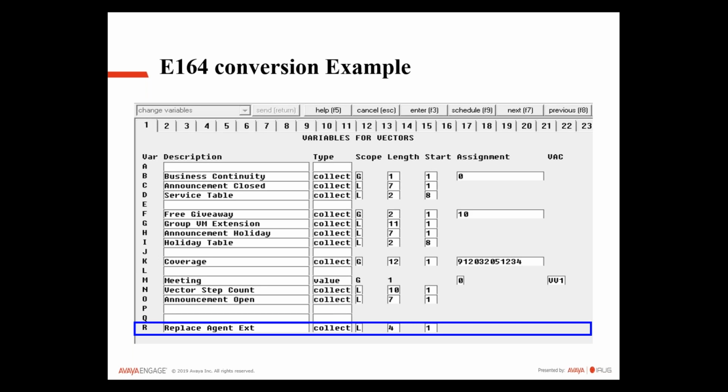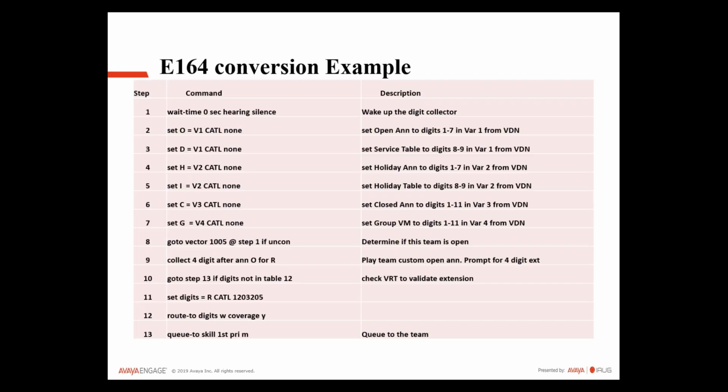So I couldn't expect my customers to enter an 11-digit extension when we prompted for a 4-digit PIN previously. So I needed some way to make sure that that 4-digit PIN still got to the agent when we prompted. So I used a collect. It's local for that vector set, for that VDN set, and the extension is 4 digits in length.